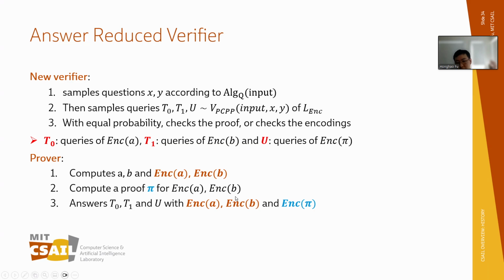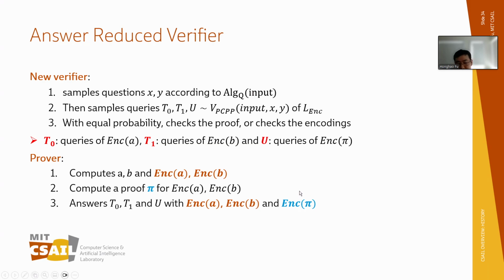And this makes sure they can be accepted by the PCPP verifier and the new answer reduced verifier with probability 1. And then the soundness says that if the prover is accepted with a high enough probability, then its behavior is essentially this. And I'm not going into the detail of the soundness.